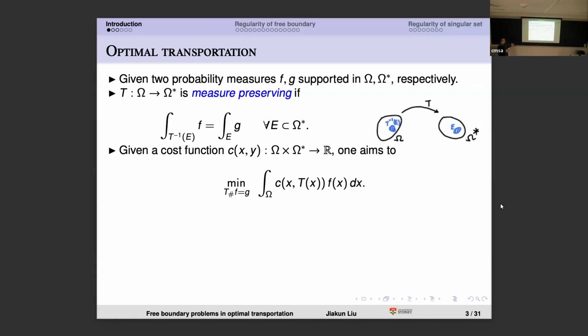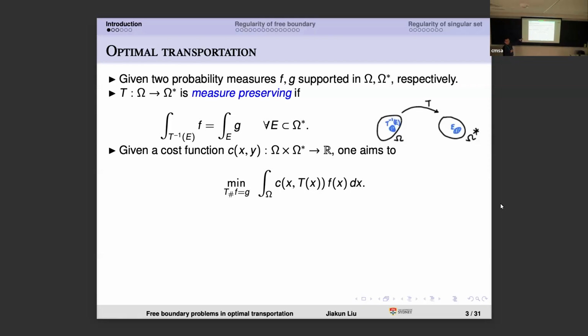It could be how much money it costs you to transport a single unit of mass from location x in omega to location y in omega star. It could be how much time, how much energy, depending on the background.